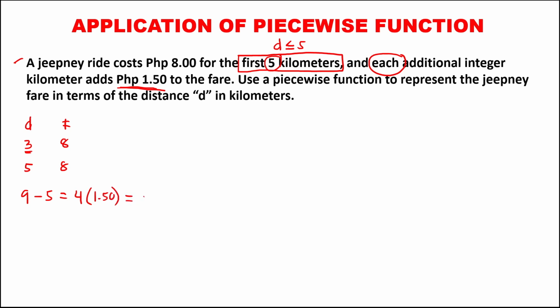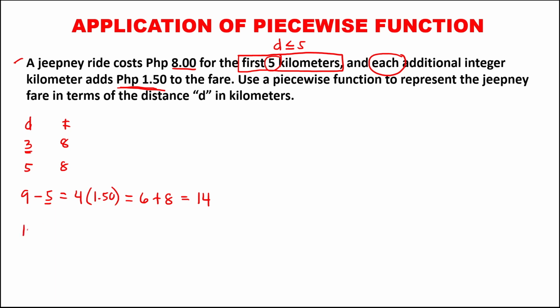So the additional is 6 pesos. Then to compute the total fare, plus 8 pesos for the first 5 kilometers. So the total fare is 14 pesos for 9 kilometers.